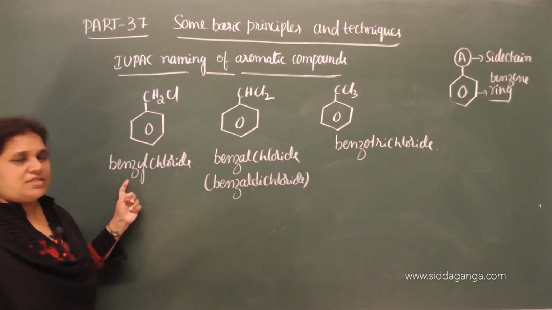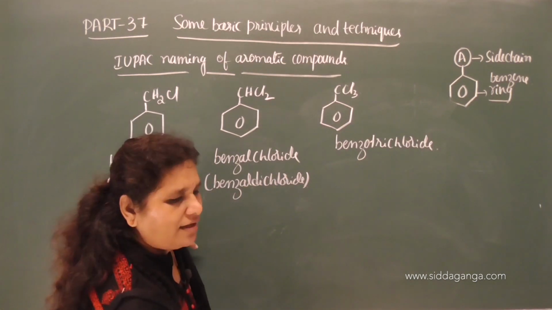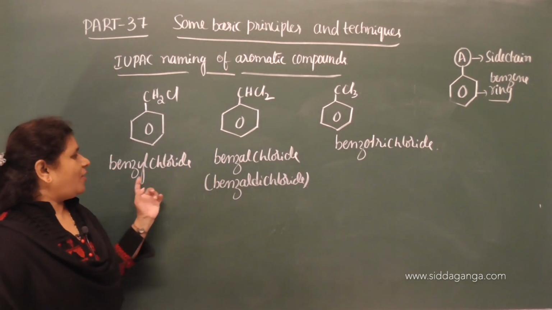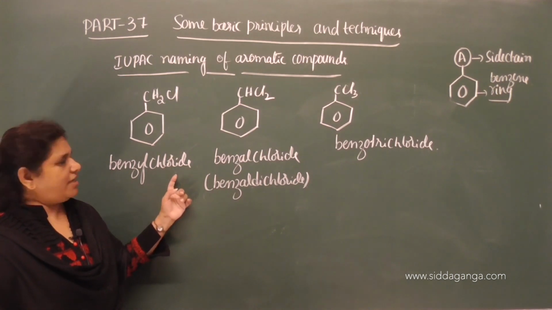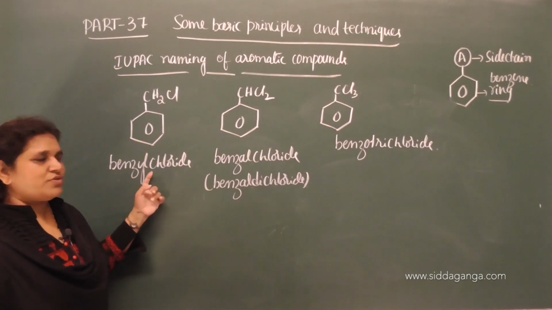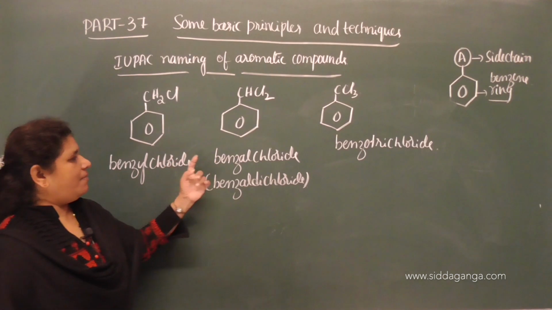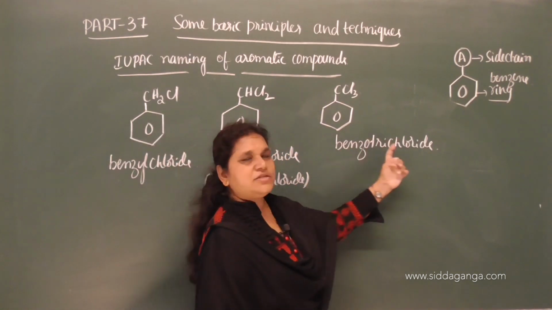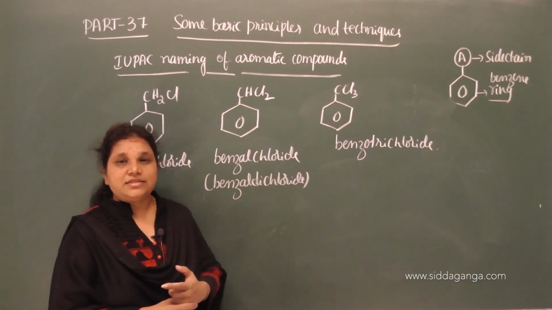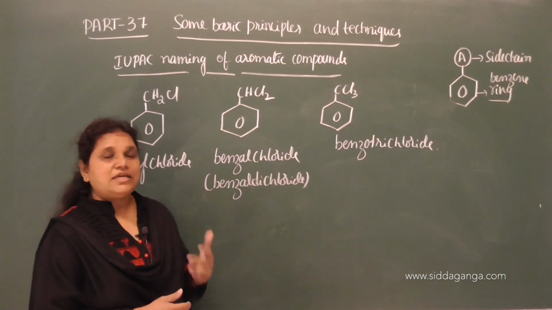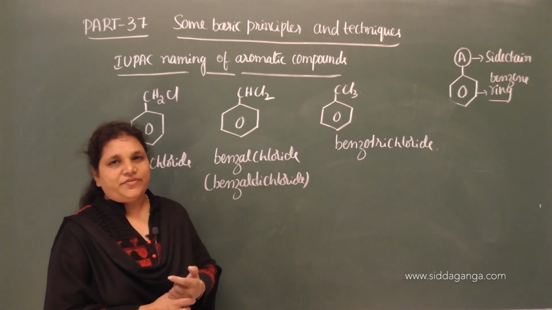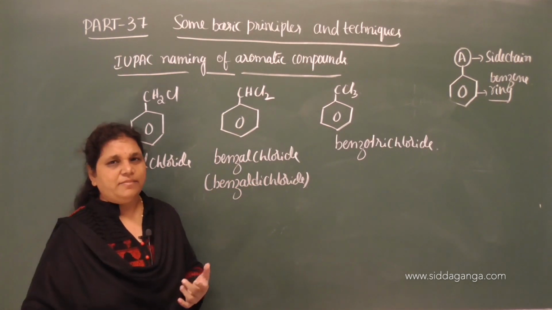Now, C6H5CH2 is benzyl chloride. So C6H5CH2 is benzyl, C6H5CH is benzal, C6H5C is benzo. Correct?